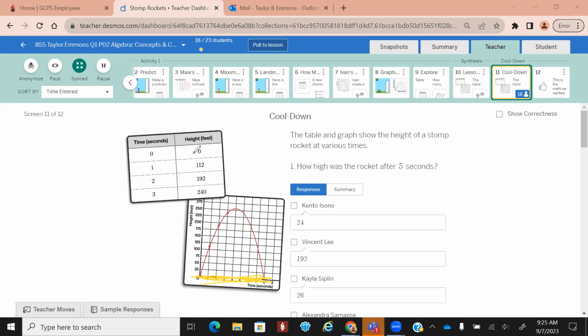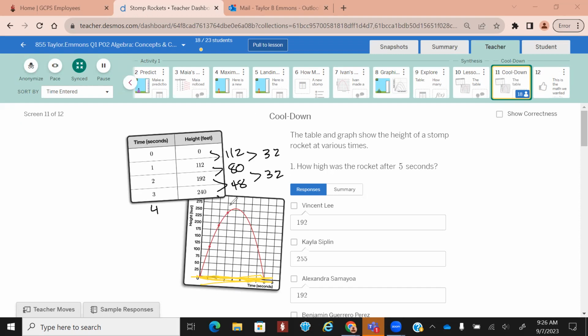Okay, so for the height after 5 seconds, we could have found the first difference. The difference between this is 112. Okay, help me with math. 80. And then what's the next one? 40. All right, what's the difference between here? It's 32, right? All right, the next one is 32.